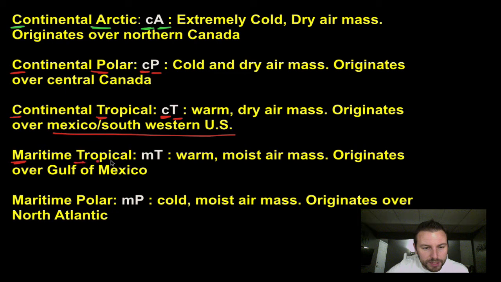Maritime tropical, mT. That's a warm, moist air mass coming from lower latitudes over the water. Best example for the United States, the Gulf of Mexico. And our last one, maritime polar, mP, lowercase m, capital P, a cold, moist air mass that's going to come from the North Atlantic.